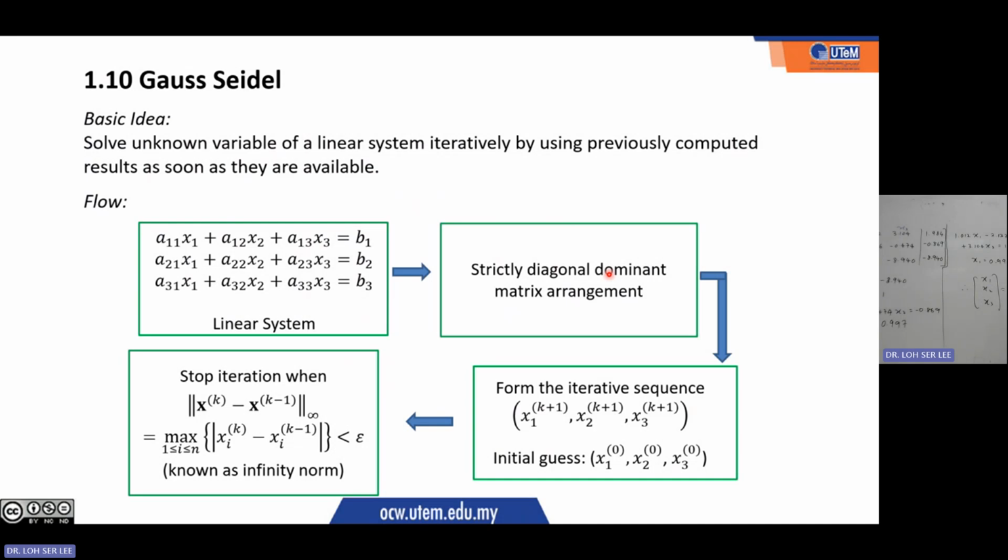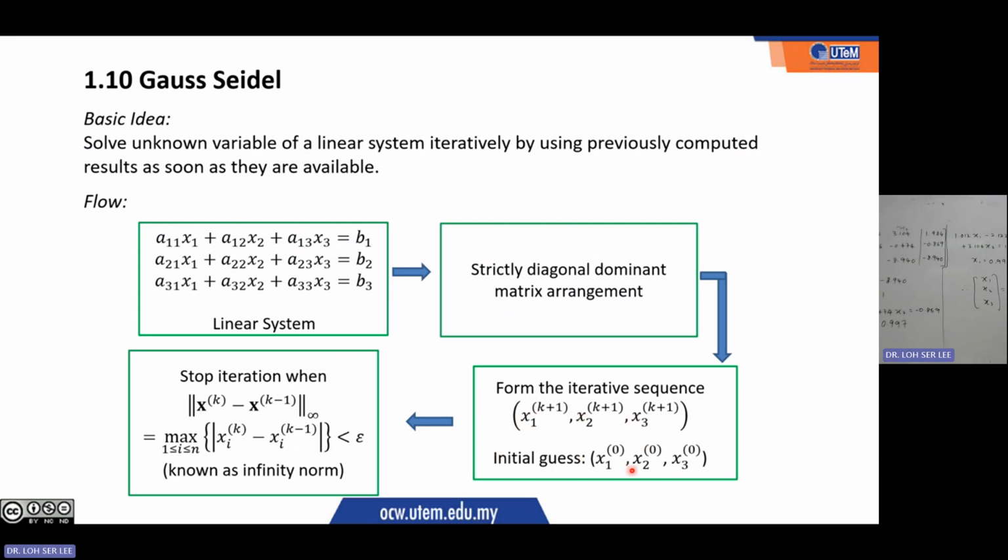For some linear systems, after you swap, you can get the matrix that satisfies this criteria. So if yes, we proceed to find the iterative sequence. The iterative sequence is some kind of formula, a formula for x1, x2, and x3, because we need to find these three values.